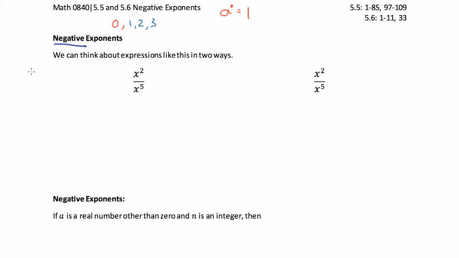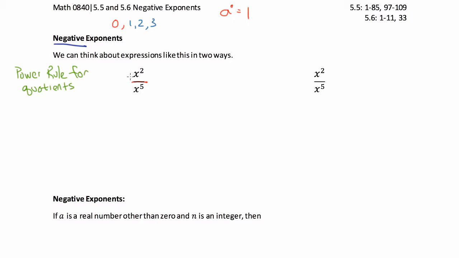So I'm going to use the power rule for quotients. Remember, power rule for quotients. And that says if I take my numerator and I divide that by something, I'm going to subtract those exponents.